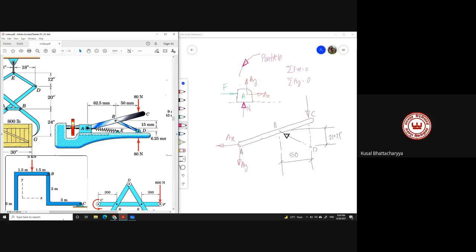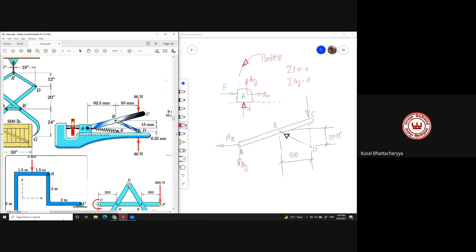My question was why the below 80 Newton force is applied. Sir, is that just to prevent the translation along the y direction of the whole body? Yes, if you are trying to grip a piece of wood with this kind of device, you would essentially be putting two 80 Newton forces on the two sides. That's how you grip it.